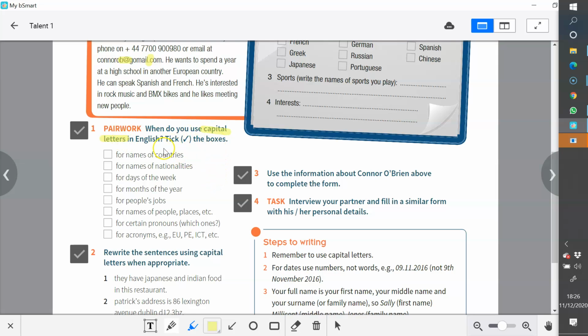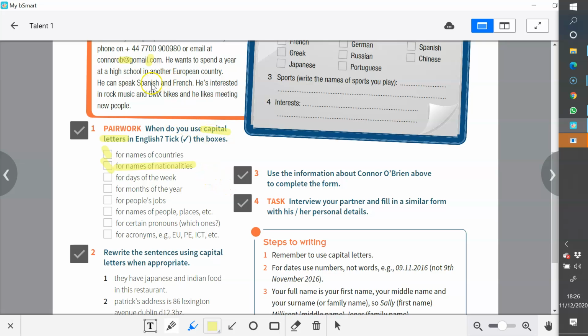So let's see together. Capital letters are used for names of countries, just like in Italian. For names of nationalities, in Italian we say italiano, inglese, with no capital letter. In English we have to use the capital letter for nationalities.